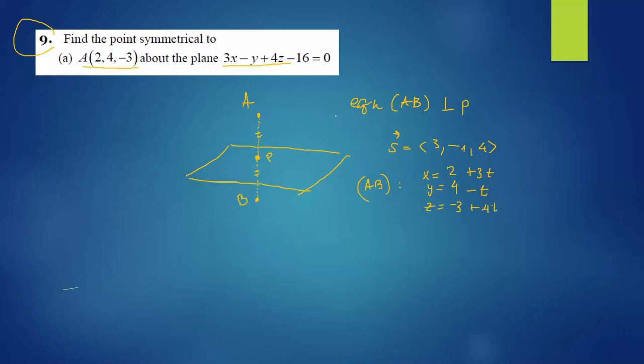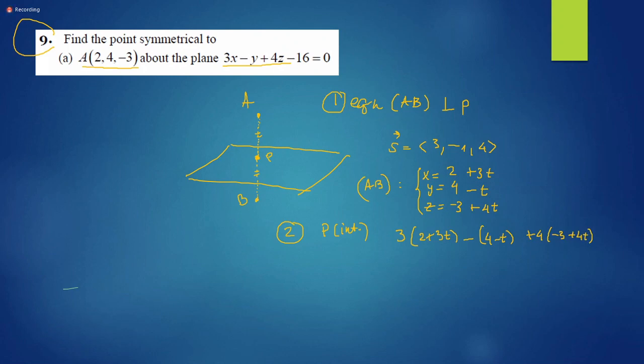Now, to find the intersection point, this was the first part. Next, we find the intersection point P. So we put these parametric expressions into the plane: 3 times (2 plus 3t), minus 1 times (4 minus t), plus 4 times (minus 3 plus 4t). Don't forget, minus 16 equals 0.